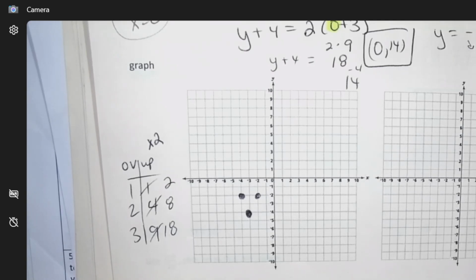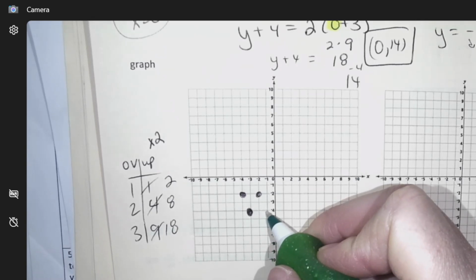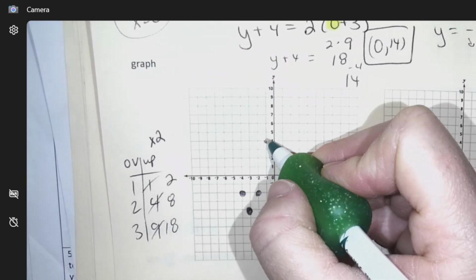So over 1, up 2. Reset, that means to go back to that vertex. Every time, reset. So from the vertex, 2 over, 8 up.